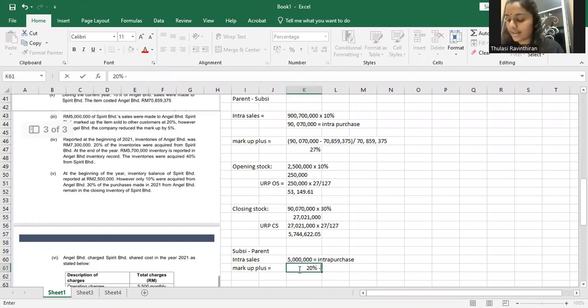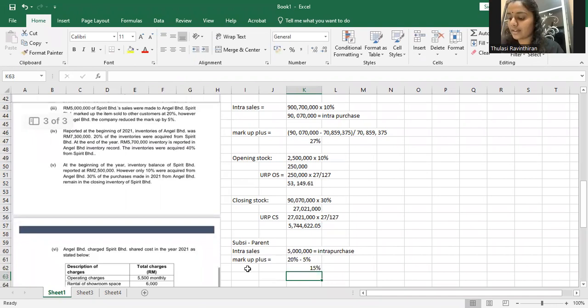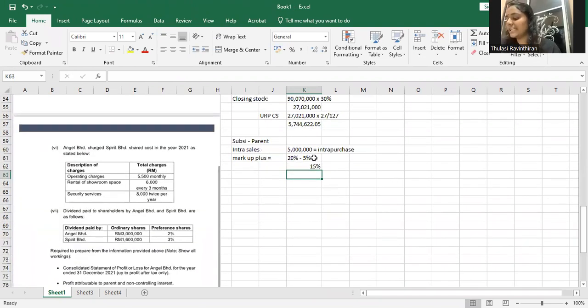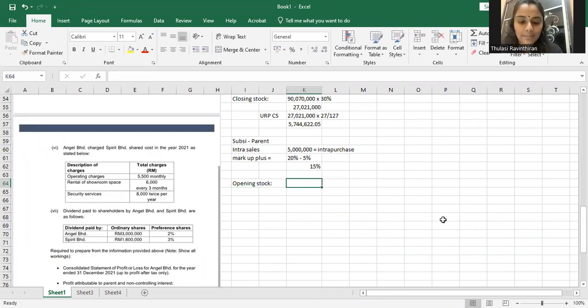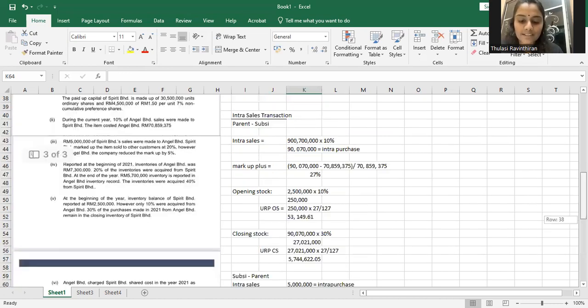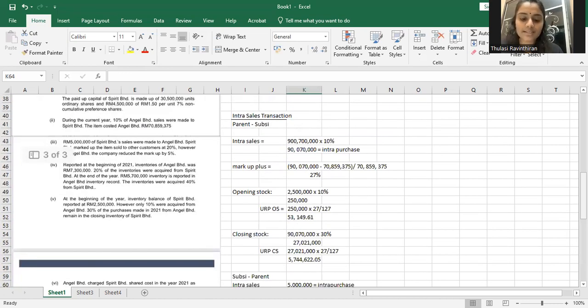Okay, then I calculate URP opening stock and closing stock for subsidiary. Whenever we calculate inventory of the subsidiary, we must refer to the parent's inventory. Okay, we look at Roman 4. Reported at the beginning of 2021, inventories of Angel Berhad were 7,300,000.